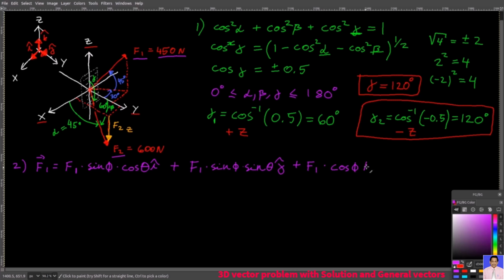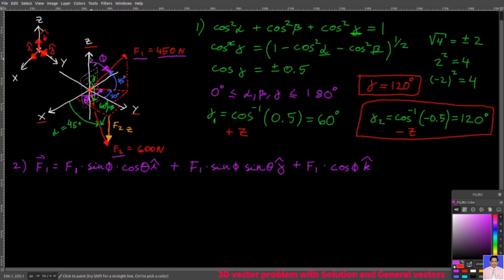Note that these angles here, 30 degrees and 45 degrees, are not the correct angles for this formula. First of all, the phi angle is defined from the positive z-axis, so this is your phi. And then theta is defined from the positive x-axis, so this is your theta.